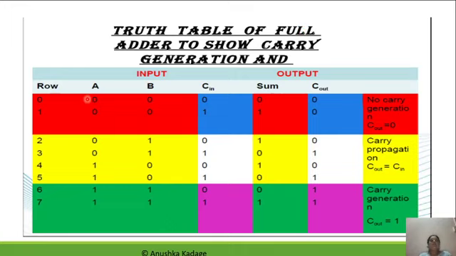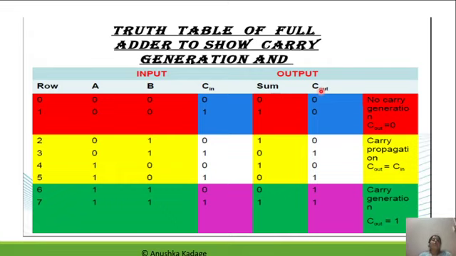And that's why here we are taking 1 bit for each of the numbers in the multi-input numbers also. So we have inputs as A, B and C in, while the outputs will be sum and C out, as in the full adder diagram.